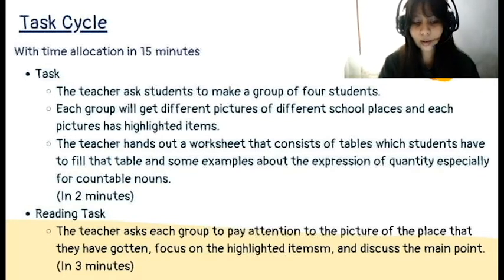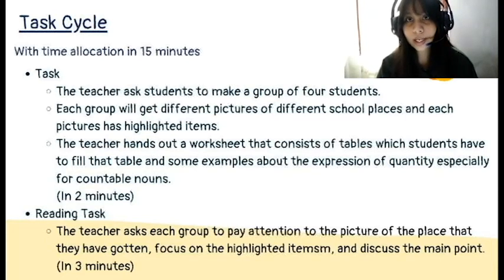We provide some examples of expressions of quantity, especially for countable nouns. Here the teacher uses visual support with tables, which can help learners focus on relevant information, and the classification is already clear. So they just simply list relevant facts to fill the boxes.